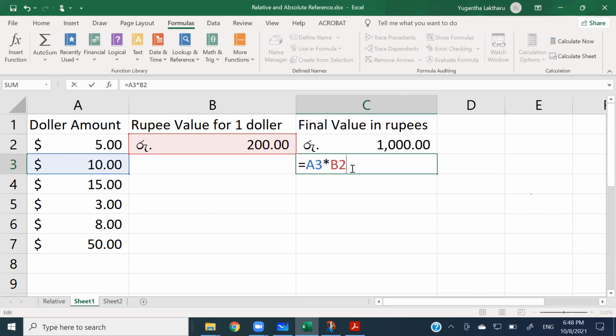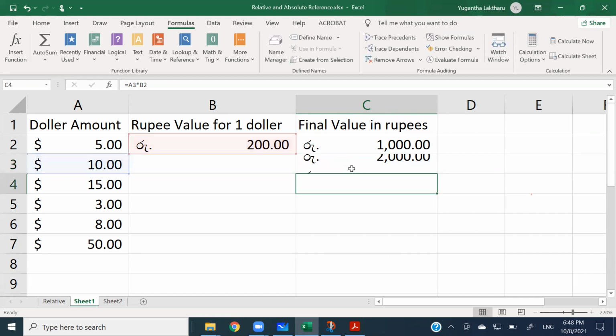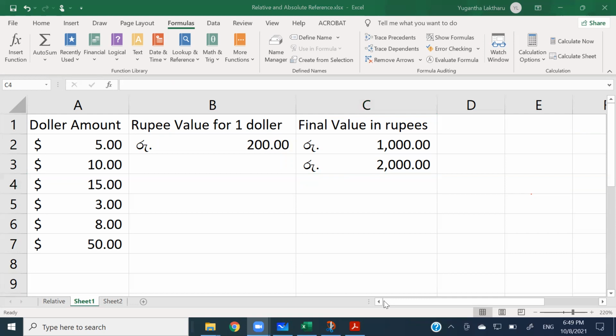So I need that formula over here. If it is there, then I'm taking the value in rupees. People, is that clear? The problem that was there and the solution we gave. Is it clear? Right? Okay.